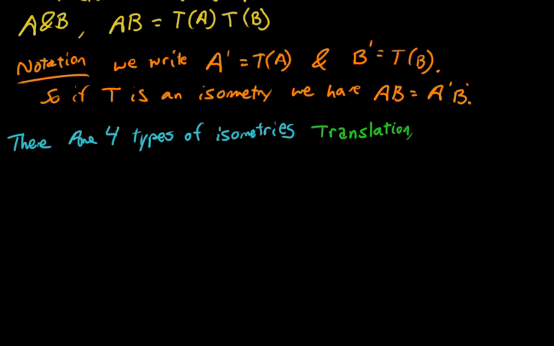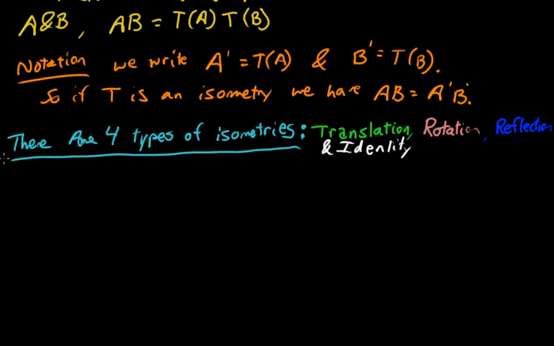Let's do one in pink. Let's see, we have rotations. We'll do one in blue. That'll be reflection. And we can do one in white. We'll say an identity. And we'll go over each of these real quick.